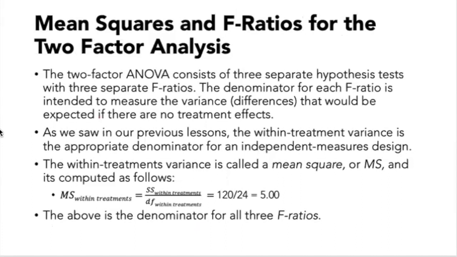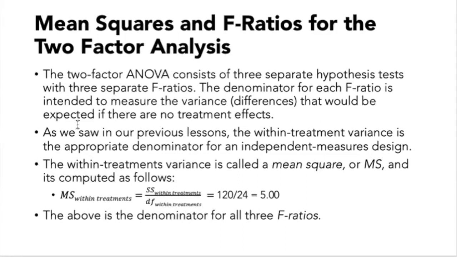Now we need to go ahead and calculate our mean squares and F ratios for the two-factor analysis. So the two-factor ANOVA consists of 3 separate hypotheses. Like I mentioned, the denominator for each F ratio is intended to measure the variance that would be expected if there's no treatment effect.